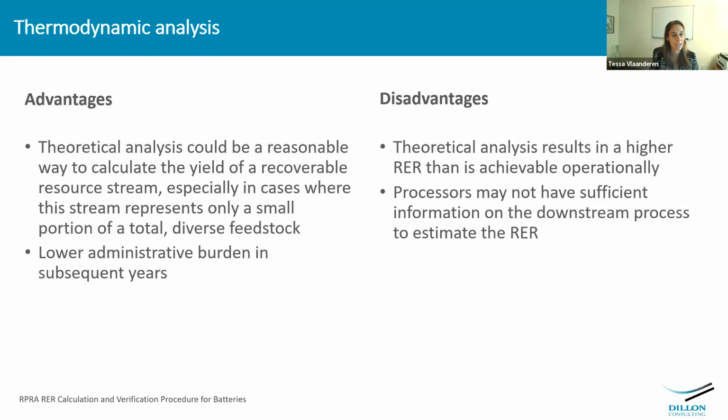So in those cases, is this something that should be considered? Should it be considered on a case-by-case basis? And if yes, under what conditions? If that is the case, it would at least lower the administrative burden in subsequent years, understanding that in the first year, performing that analysis would be quite some effort.